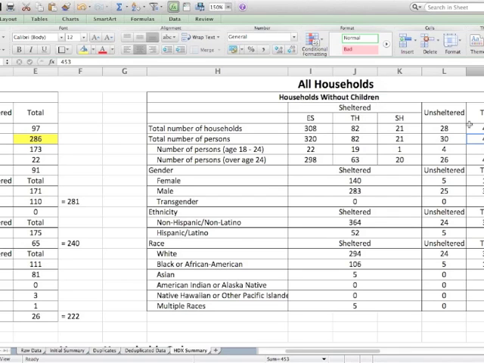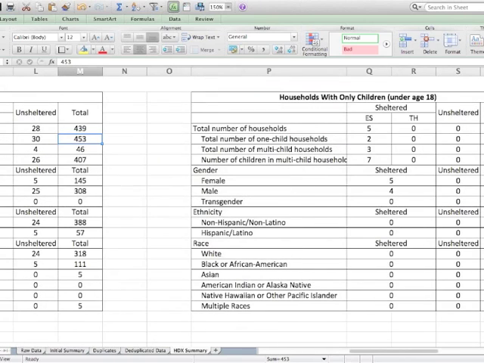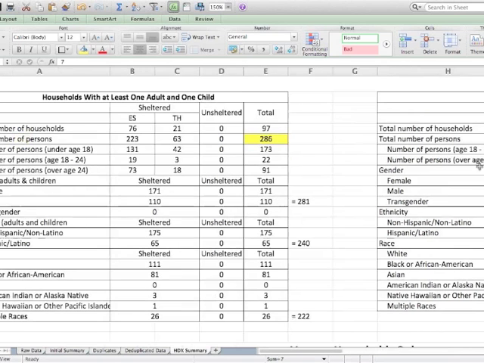This corresponds to individuals and adult couples. So you'd add these two numbers, and then you'd also need to add the total number of children in one-child households plus the total number of children in multi-child households, and you'd find your total number of folks who were counted as homeless in your jurisdiction. Okay, so that's the way that works.